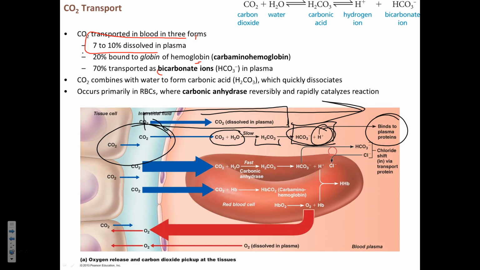And CO2 will be accumulating in the tissues, essentially. Does that make sense? Left and right, a lot of CO2, taking out hydrogen. We good? Okay. Now let's take a look at what happens in the red blood cell.